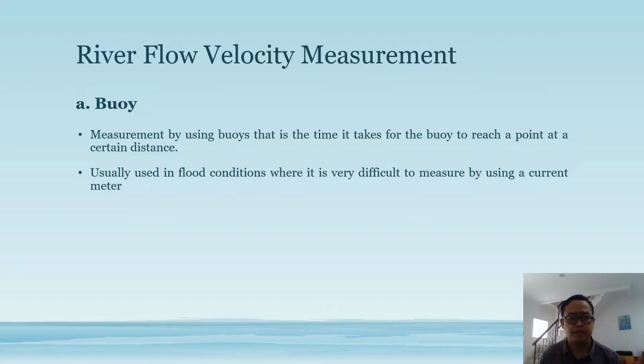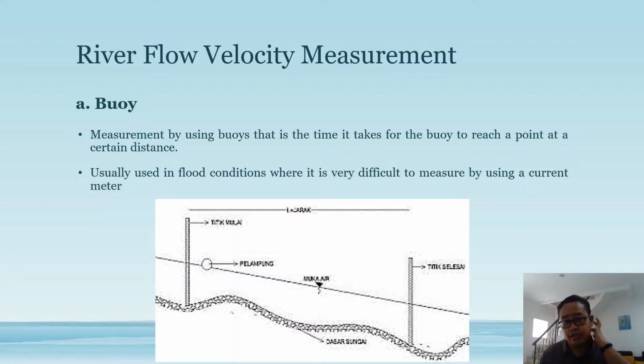The first step is to determine the starting and the ending points of the measurement. So in the illustration like this, set the distance between each point with the right distance, such as 1 meter, 2 meters, 100 meters, and so on. Second, drop the buoy at the starting point and calculate the time required by the buoy to reach the end point.